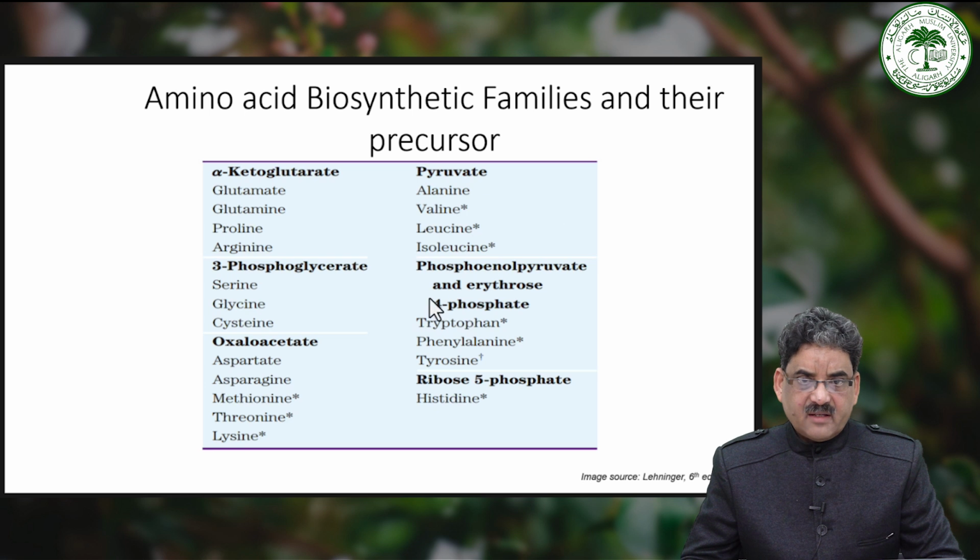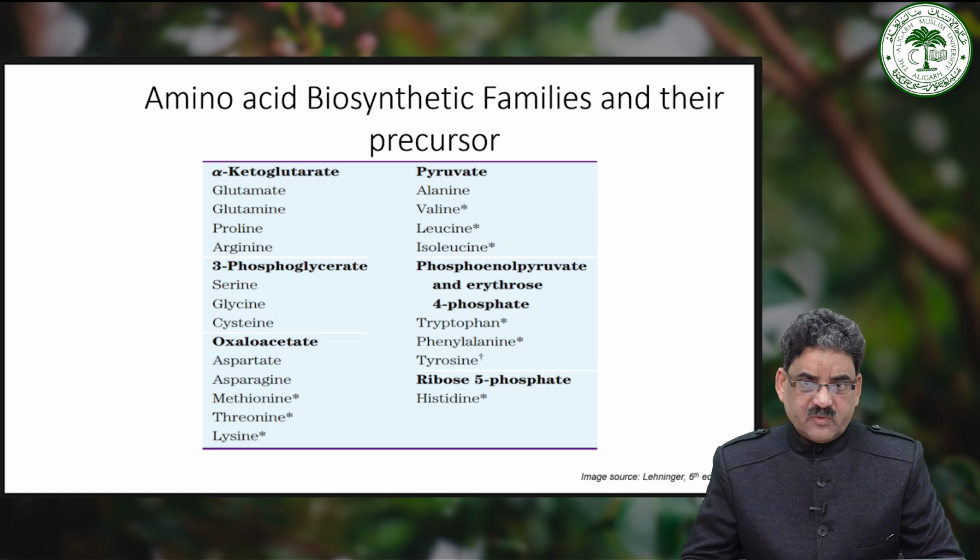Then we have the phosphoenol pyruvate and erythrose 4-phosphate family. Here we have tryptophan, phenylalanine, and tyrosine. And the last family is ribose 5-phosphate, in which the amino acid histidine has been added.